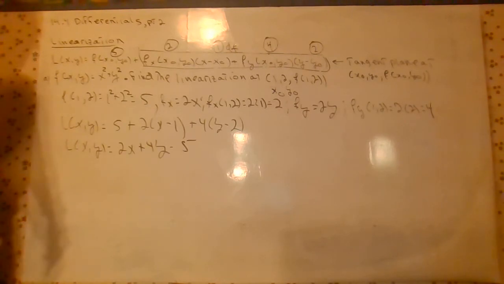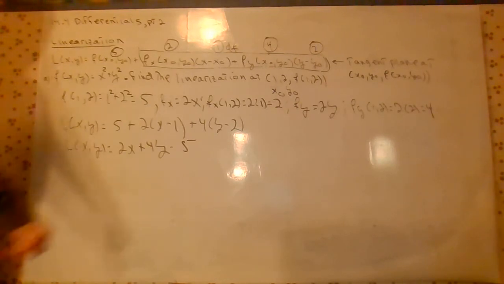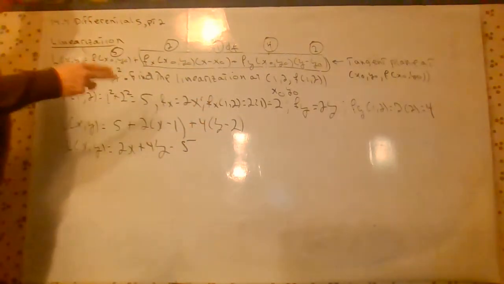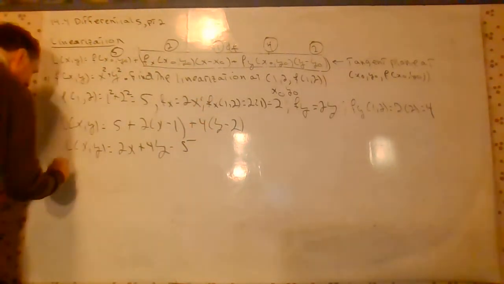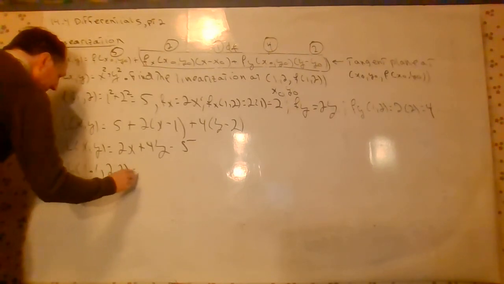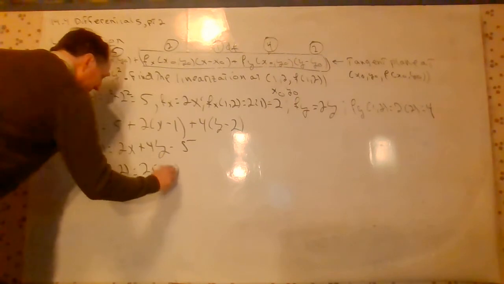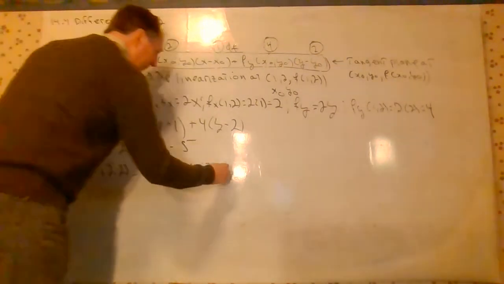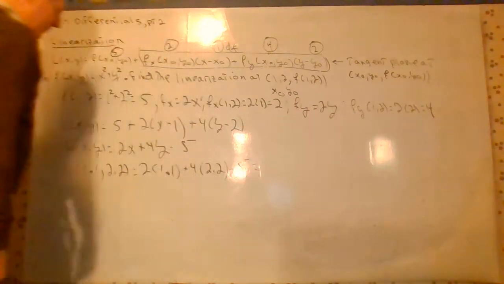Now before we wanted to find out what happened if we started out here and we changed x by 0.1 and y by 0.2. Let's calculate L(1.1, 2.2). We get 2 times 1.1 plus 4 times 2.2 minus 5.